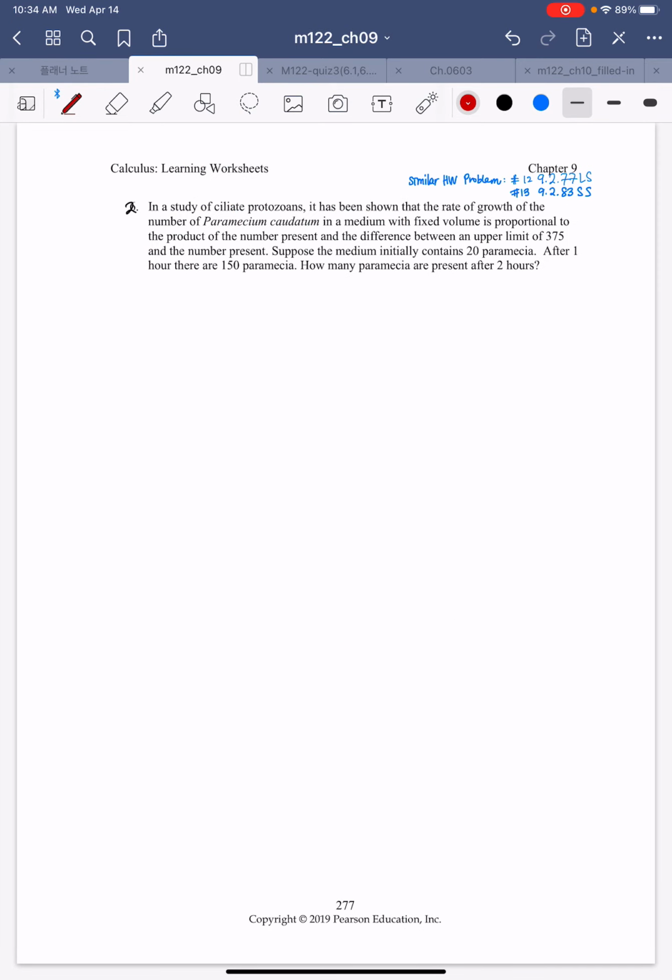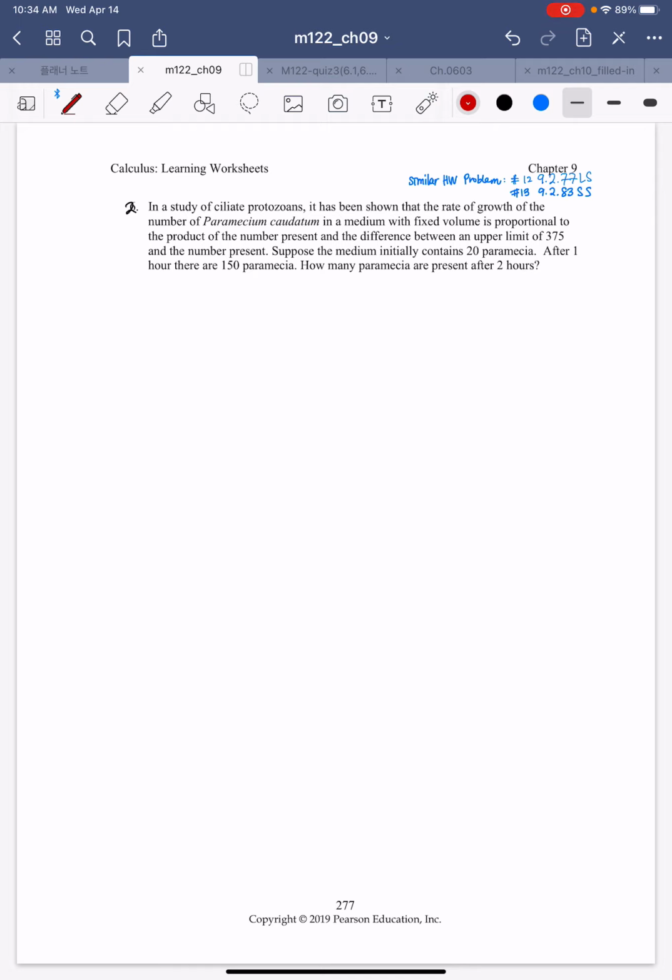So let's read it through. In a study of ciliate protozoans, it has been shown that the rate of growth of the number of Paramecium quadratum in a medium with a fixed volume is proportional to the product of the number present and the difference between an upper limit of 375 and the number present.